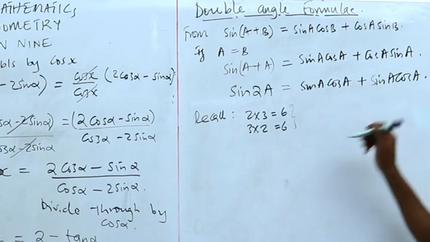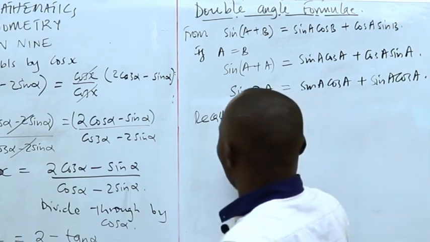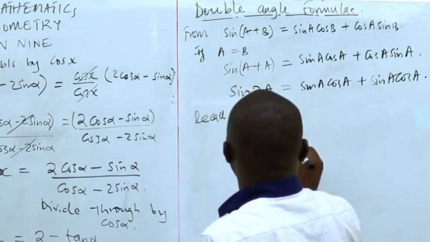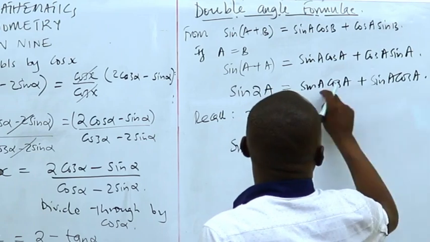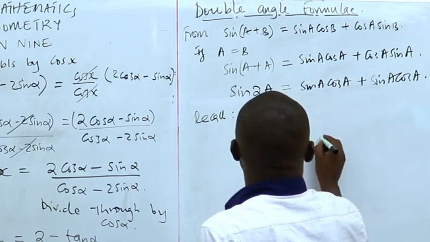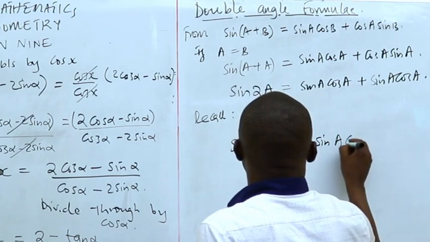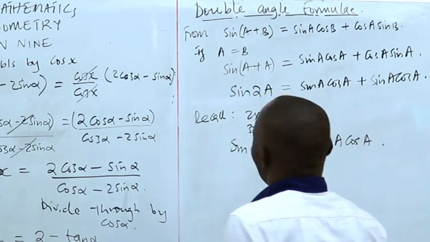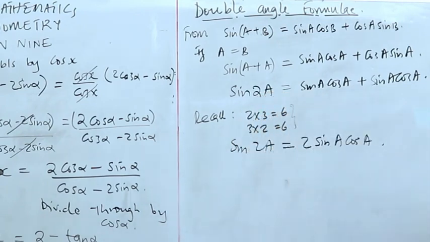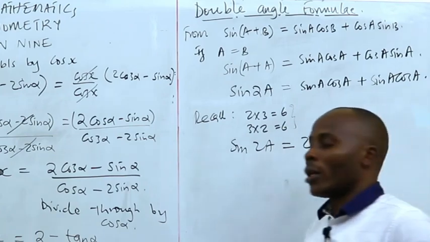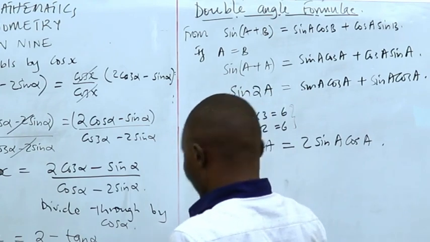That's what I've done here. So therefore, sine of 2A is equal to 2 sine A cos A.